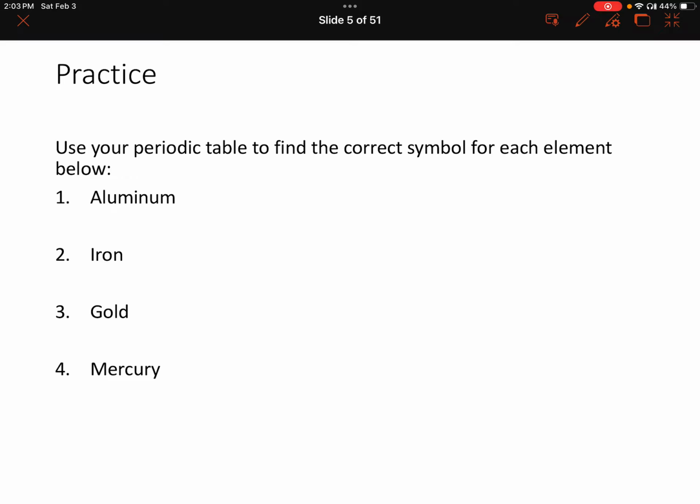All right, so let's go over these symbols. Aluminum is given the symbol A, L, where A is capitalized and L is lowercase. Iron is Fe, and this symbol doesn't really make sense with the name iron, right? So Fe is coming from the original Latin name for iron, which was ferrum.